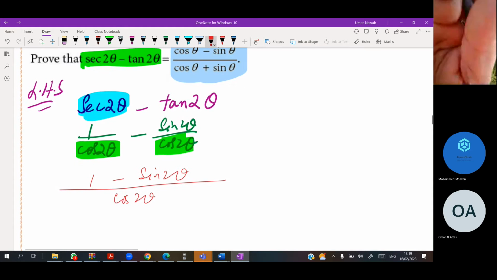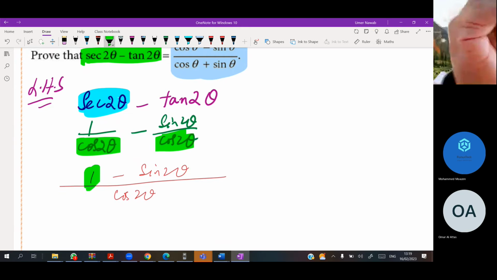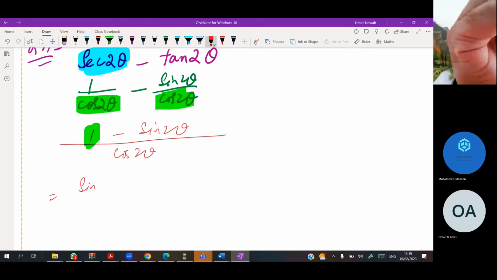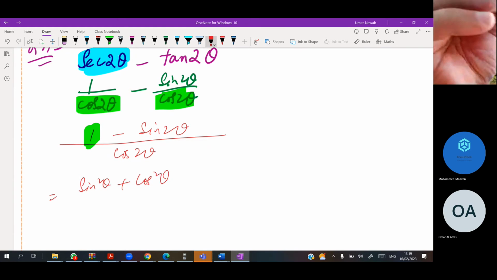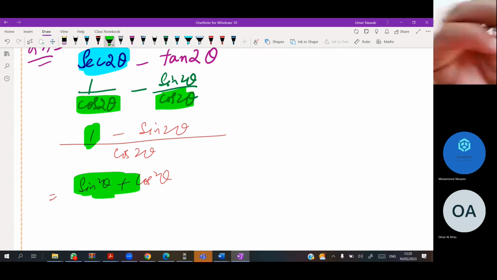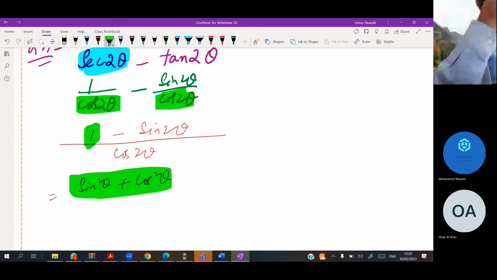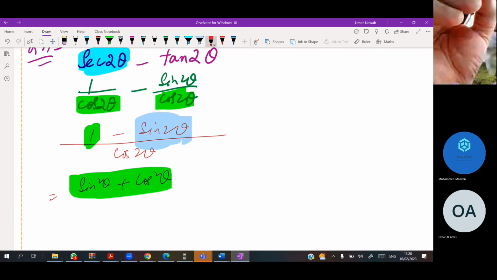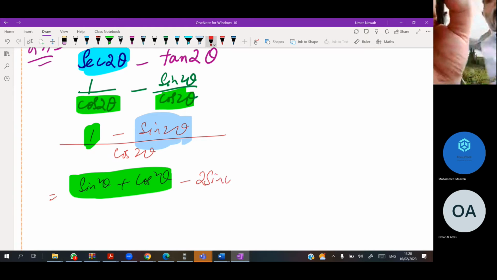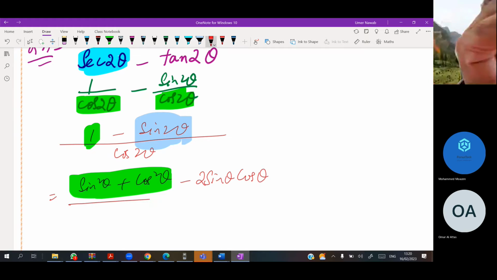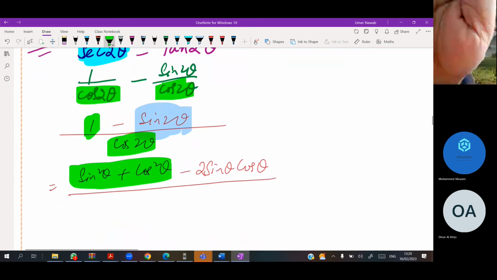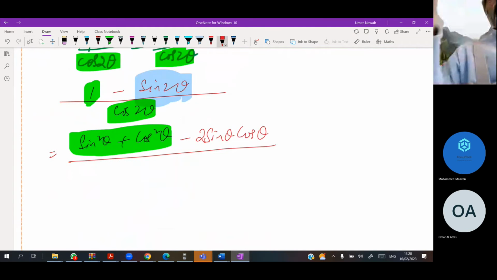Now, can I replace 1 by sine squared theta plus cosine squared theta, which is the Pythagorean identity? And the double angle identity says, Omar, I'm going to write here minus 2 sine theta cosine theta, whole over, and in the denominator, I'm going to write cosine of 2 theta, the mixed version, because cosine 2 theta has 3 forms.